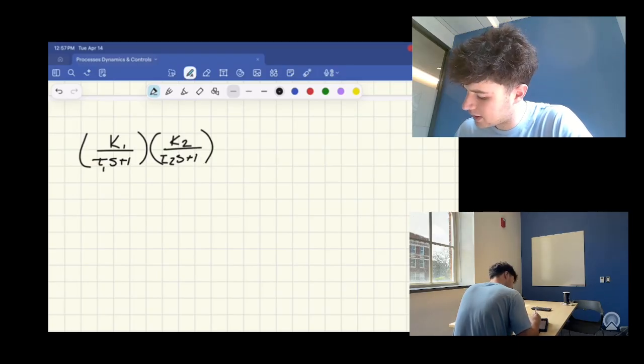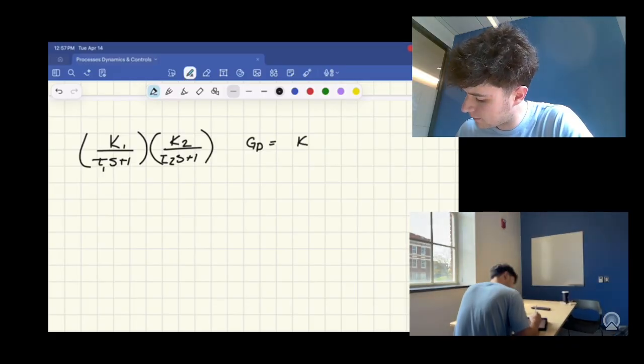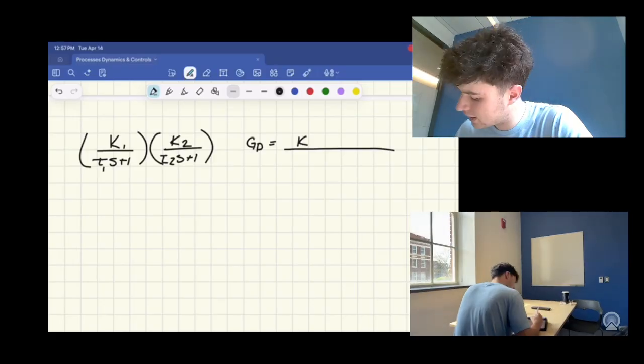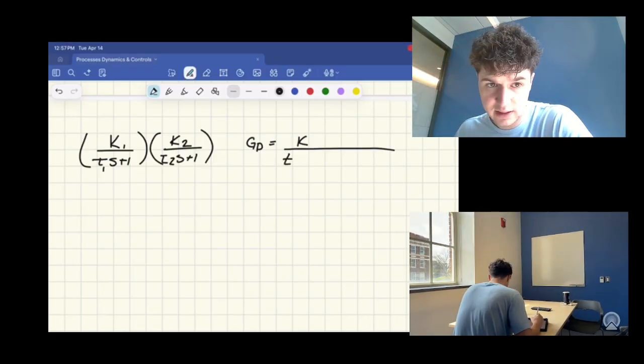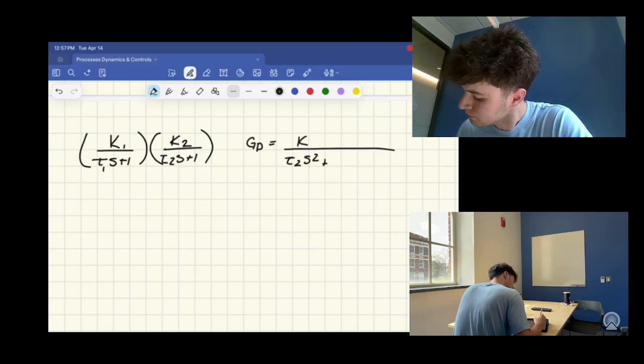And we're also going to have this equation of GP, which is going to equal K all divided by tau 2 s squared plus 2 zeta s plus 1. Sorry, I keep writing T, it's tau.